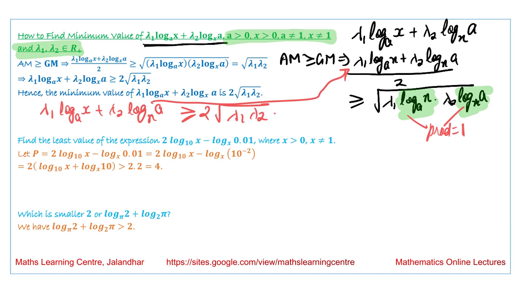So the minimum value of this term is 2 times the square root of lambda 1 lambda 2.